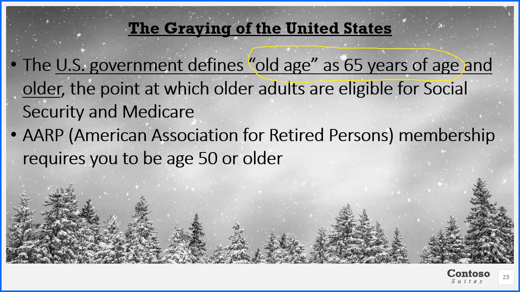However, there's other groups like the AARP in which you only have to be 50 to sign up and be qualified as an elderly American. But for your exam question, just remember that the U.S. government defines old age or elderly people as being 65 or older.